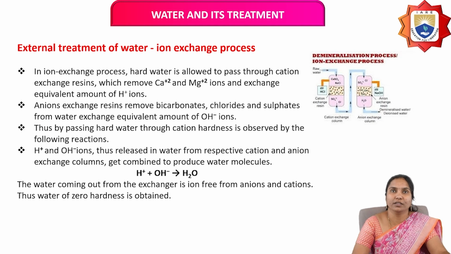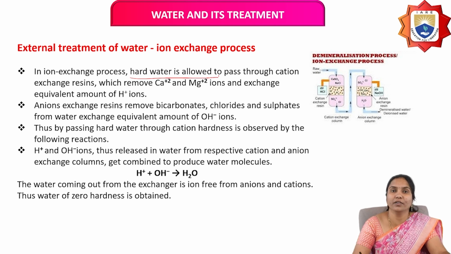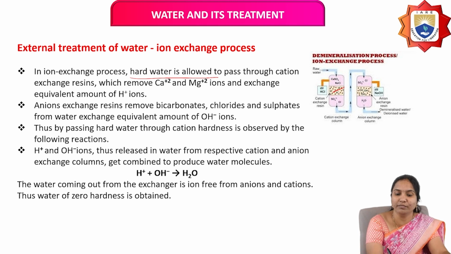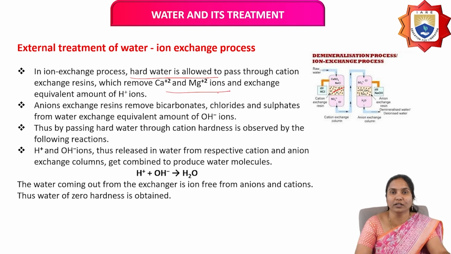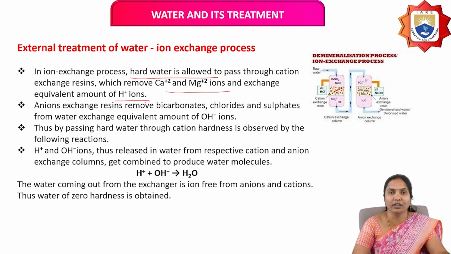So in this ion exchange process, first the hard water is allowed into the cation exchange column. In this cation exchange column, cation exchange resin is already present. It absorbs all the cations like calcium, magnesium which are present in water, and it gives its H plus ions into the water.